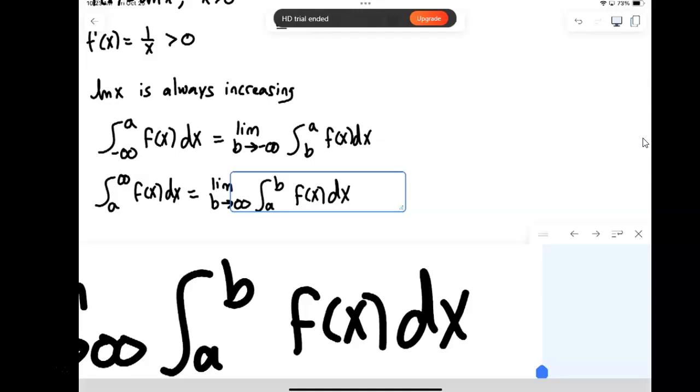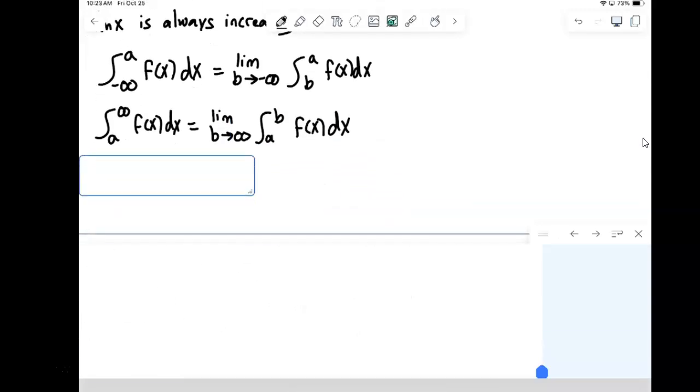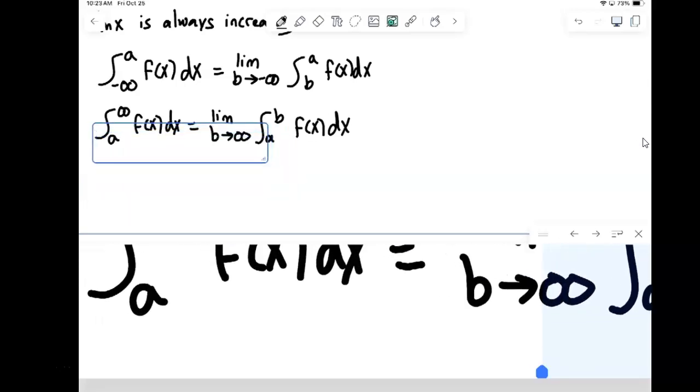And then the third possibility is if you had, I'm sorry, I said that the wrong way. We already did that one. This is the wrong thing I wrote down here.